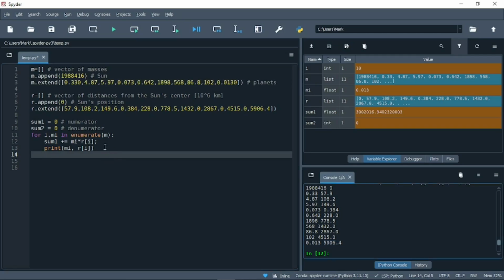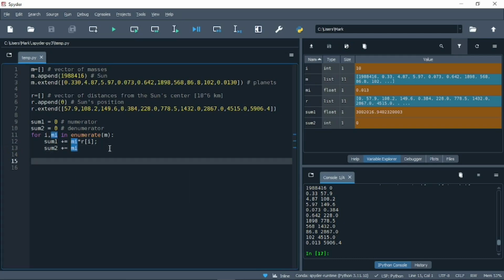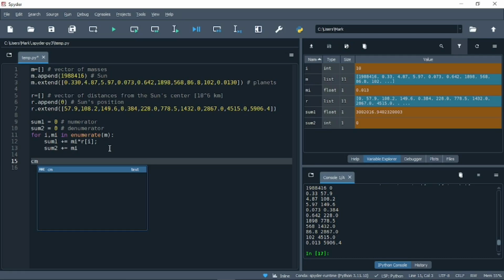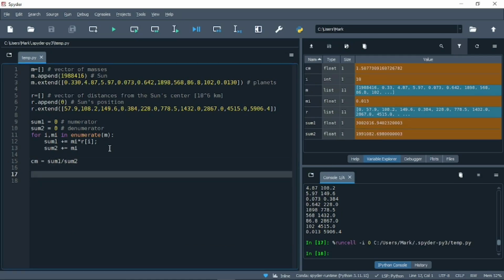Okay, so it's working. This is the numerator, the first sum, and sum2, the denominator, is plus equal mi, the sum of all the masses. So our center of mass is sum1 divided by sum2.